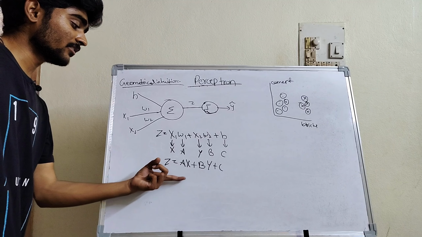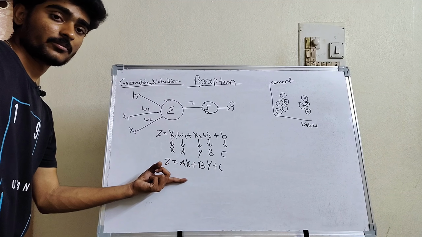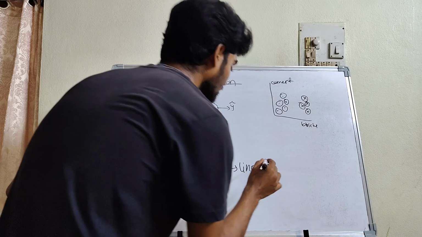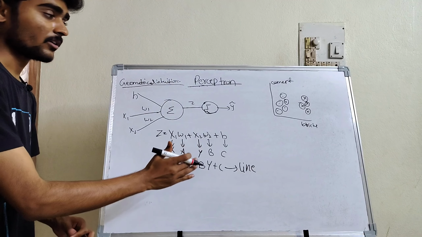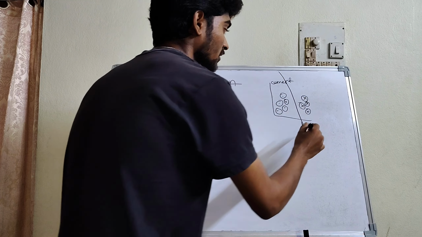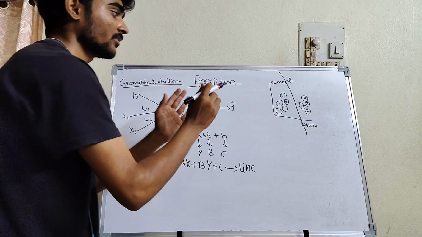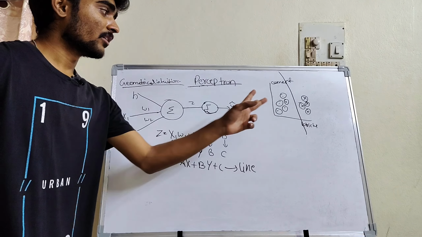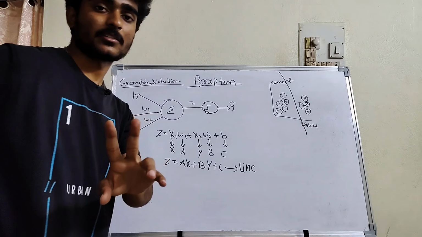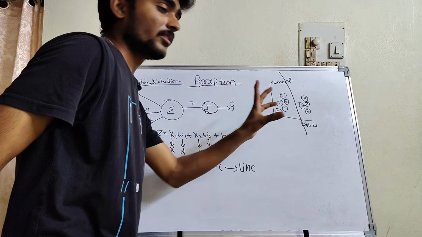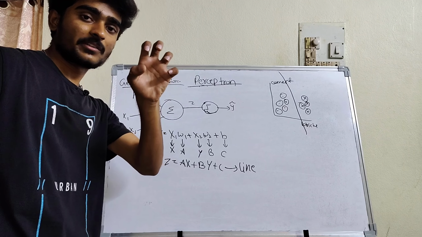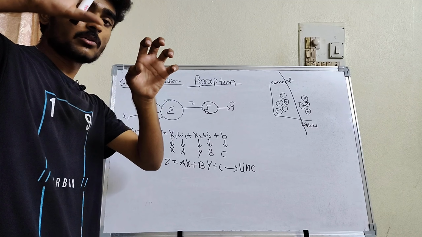You see that this is a basic line equation, right? Means what a perceptron does is it draws a line separating two regions. Let's say you have bricks on the x-axis and cement on the y-axis. When you plot these data points, you'll get stronger houses on one side and the weaker houses on the other side.